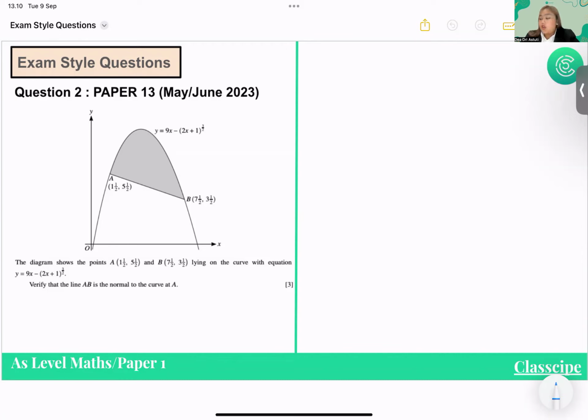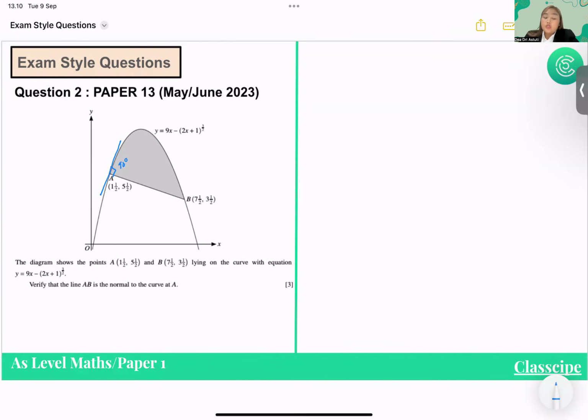So you need to verify whether the line AB is perpendicular to the curve at A or not. Maybe you can imagine that this must be perpendicular, 90 degrees, or not.